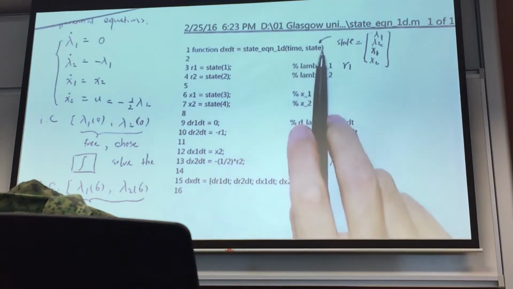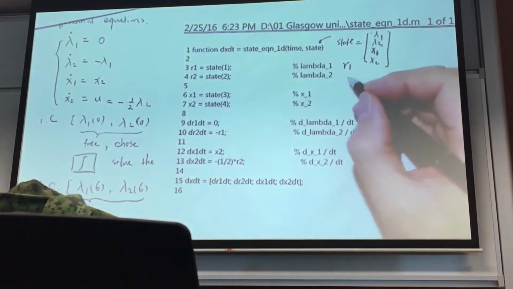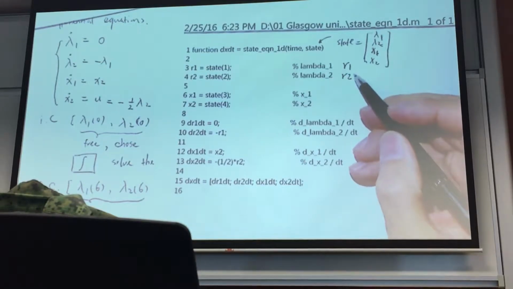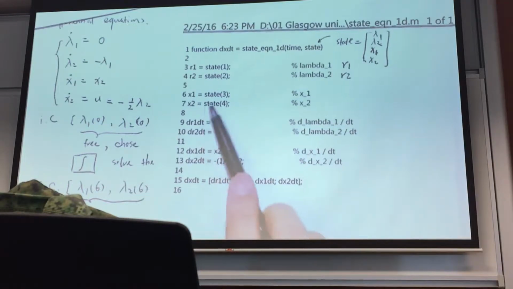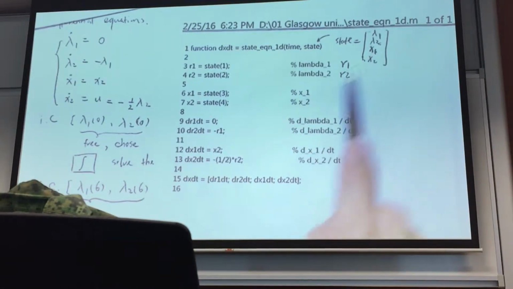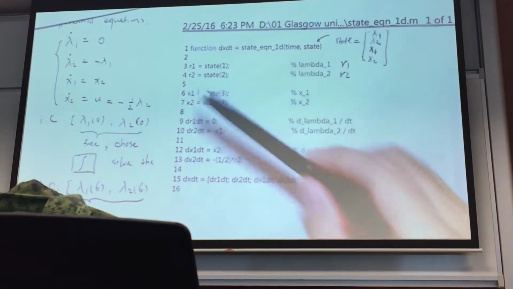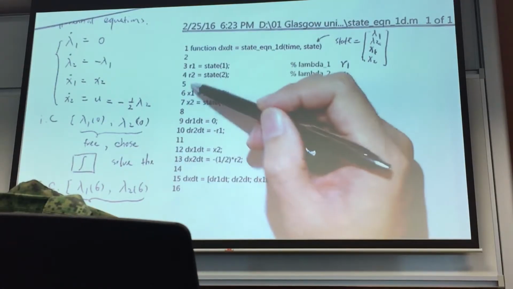The second component is lambda 2, for which I use r2 for easier representation. The third component is x1, and the fourth component is x2.